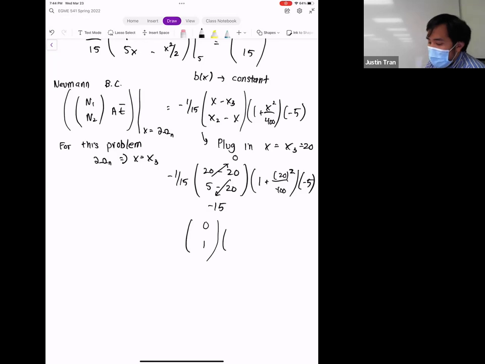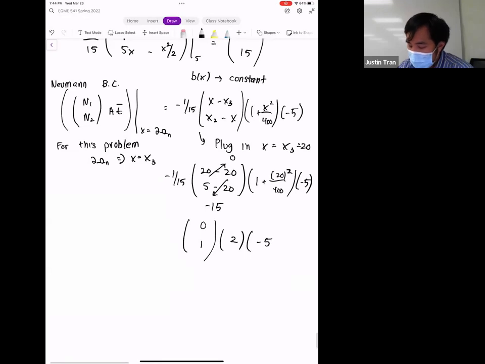Next, we evaluate the area. We have a 1 plus 20 squared. 20 squared is 400, and so we have a 1 plus 400/400. And so we end up with a 2. And then finally, we have a -5. The -5 here is just -5, there's no change for that. And so our contribution from the Neumann boundary condition is going to be a 0 and then a -10.